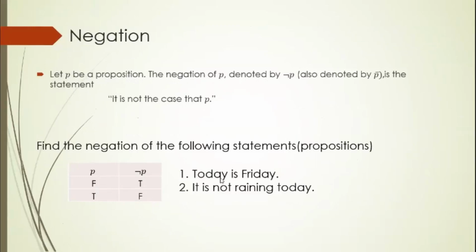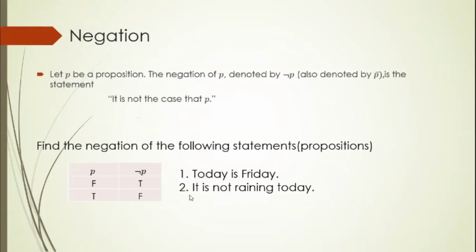So let's have the first example. Today is Friday. Let us assume that this proposition is true. What is the negation of this statement? The negation of this statement is today is not Friday. So that is the opposite.